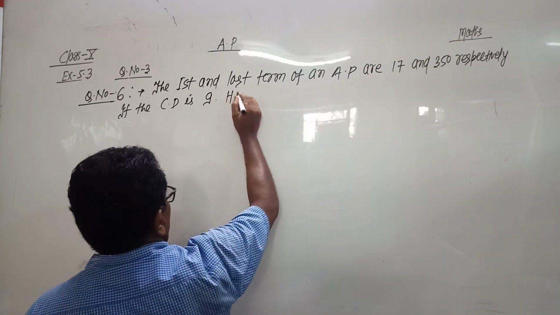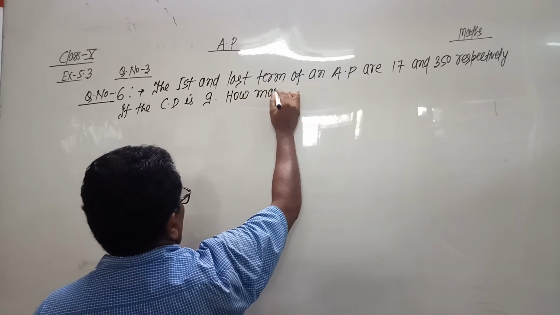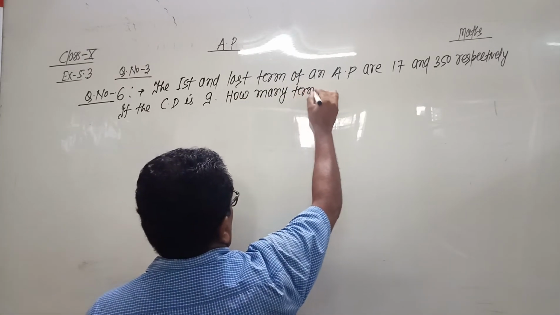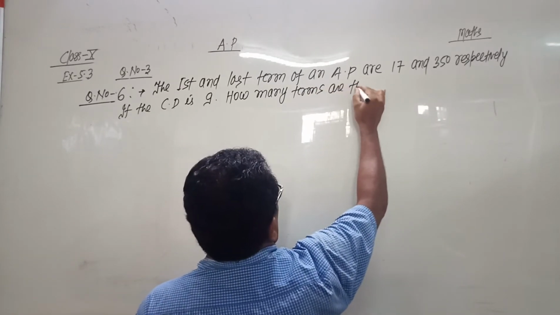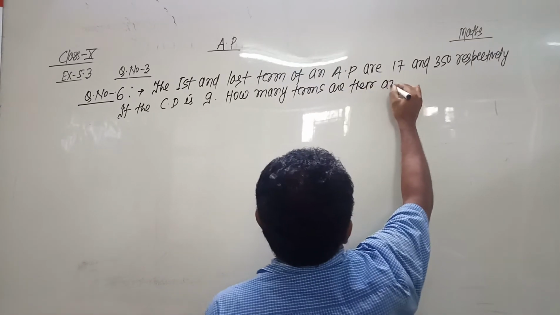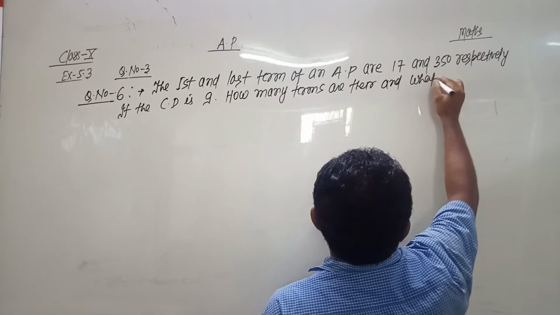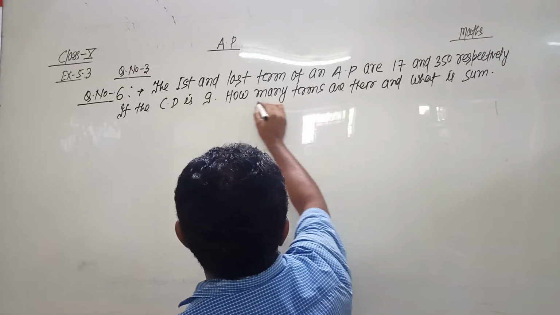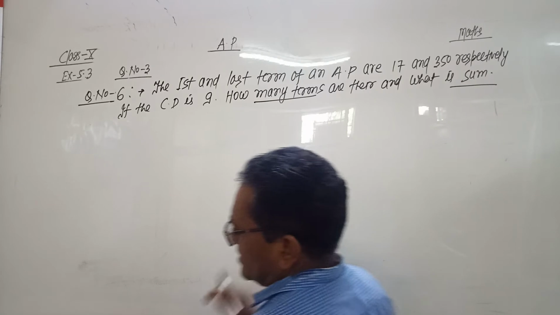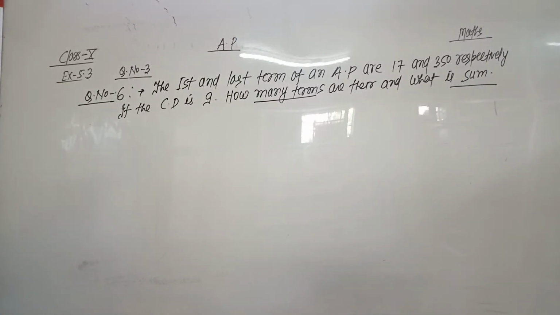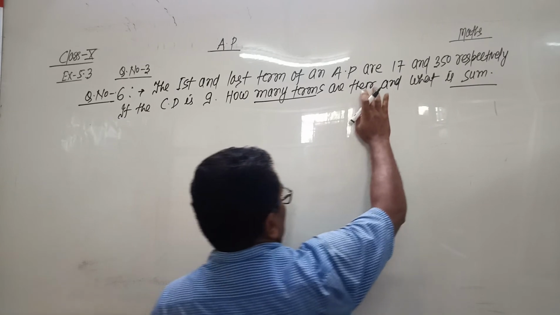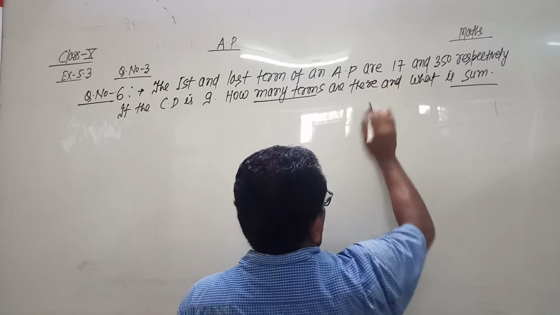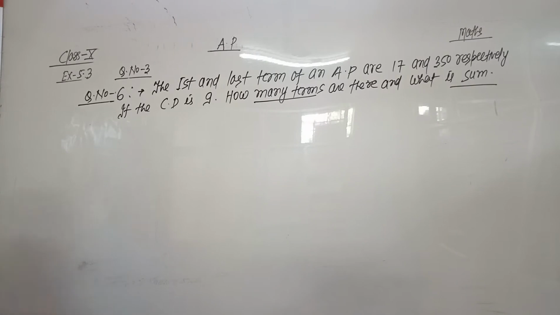We have to find two things: how many terms are there and what is their sum.